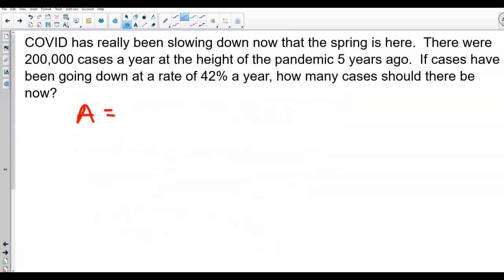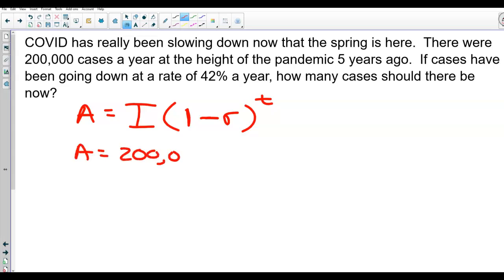We have the amount equals I, the initial amount, times 1 minus r to the t. My initial amount was 200,000 cases, but it's going down at a rate of 0.42 or 42%, raised to the 5th power.